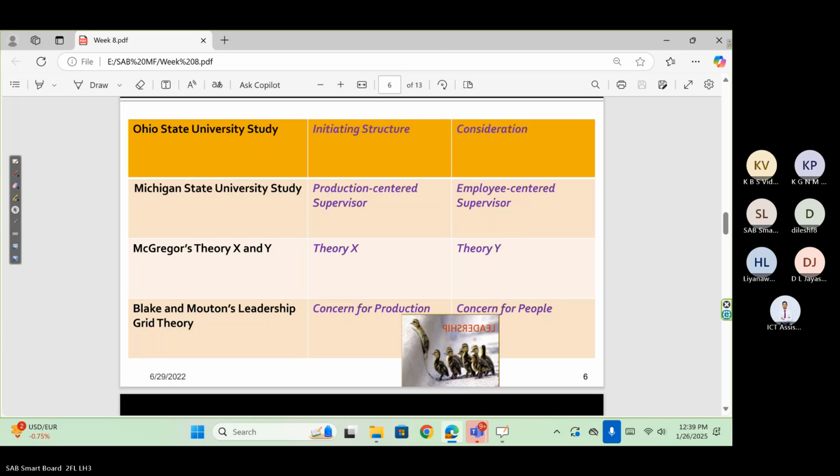Whenever there are workers having X characteristics as per McGregor, what leadership style should be used for them? Autocratic leadership or task-oriented leadership style.